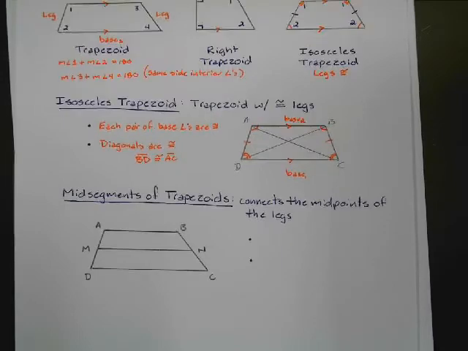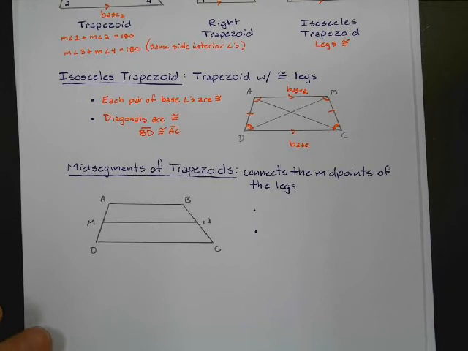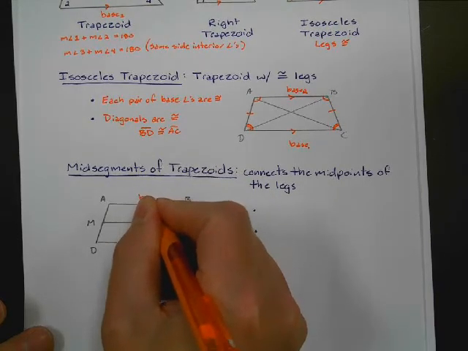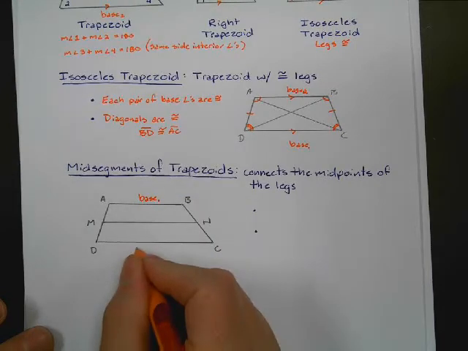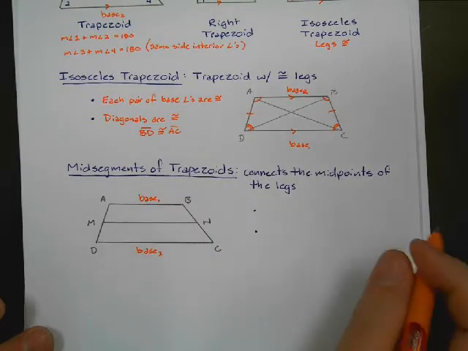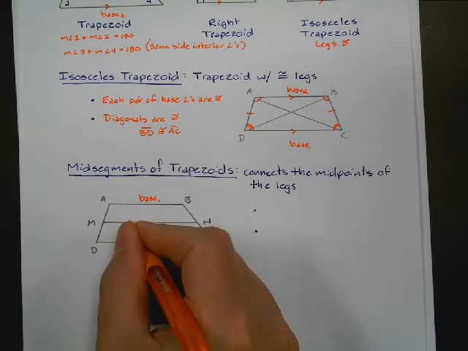All right, last thing you need to know about trapezoids is the midsegments of trapezoids. So in here, we've got a base one on top. Could be base two, doesn't matter which one's which. And we've got a base on the bottom. Call that base two. Midsegments, we did these with triangles.